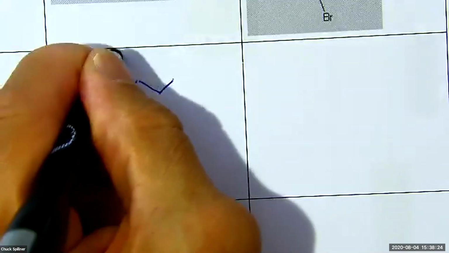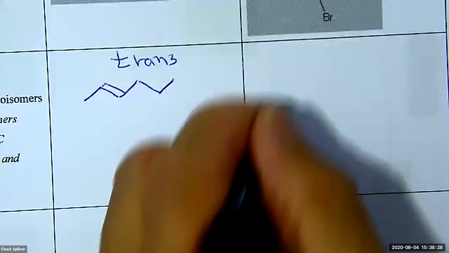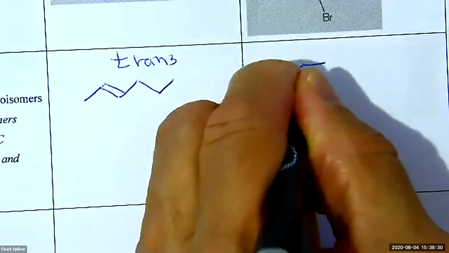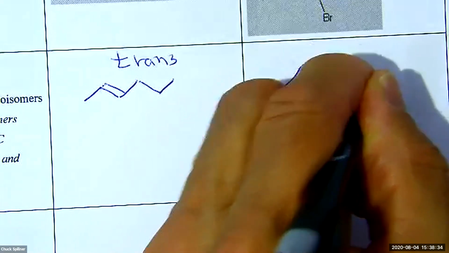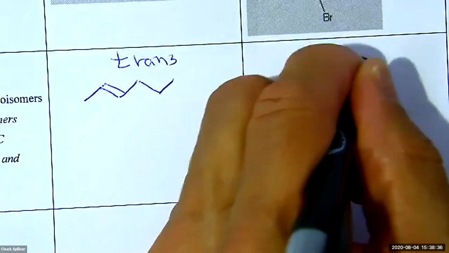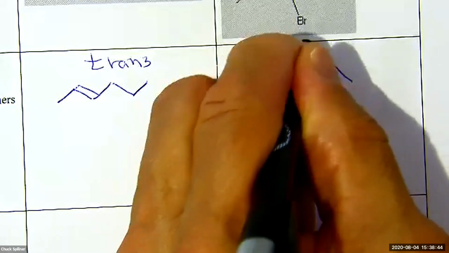And this would be my trans. And I'll put trans isomers in that box. And isomer 2 would look like this. 1, 2, 3, 4, 5, 6. You always have to count the carbons after you draw a structure, to make sure you have the right number of carbons. And this will be my cis.